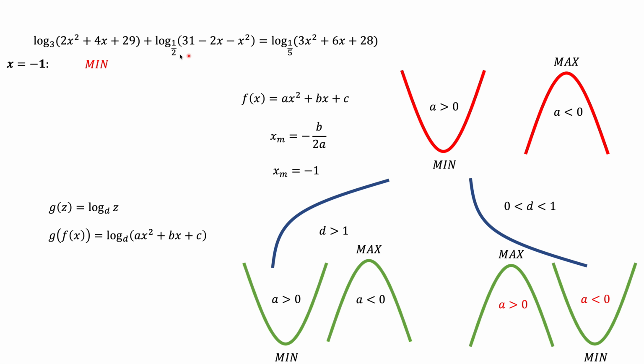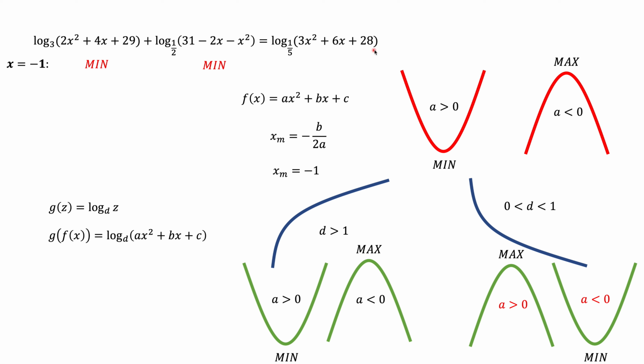In the second logarithm, we see that d is 1/2, so we have the second case. And we also know that a equals to minus 1. So we're talking about this function that has a minimum at point x equals to minus 1.